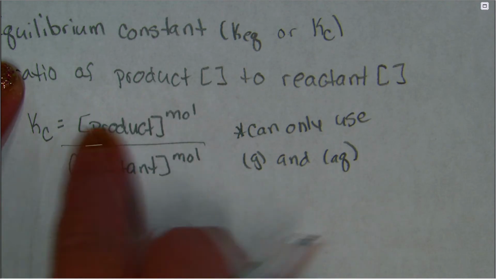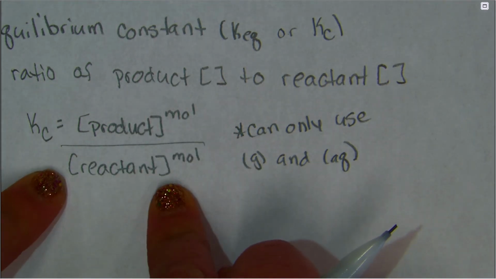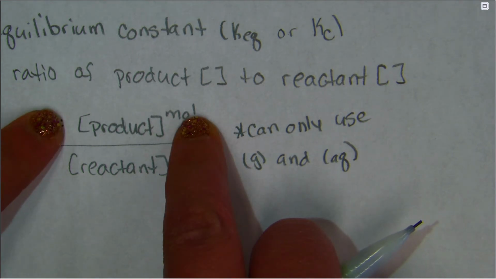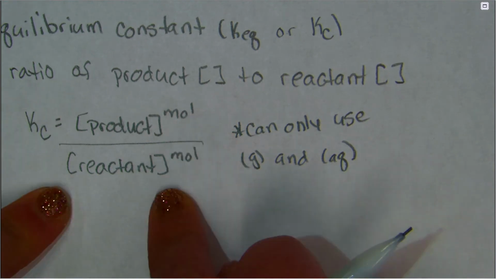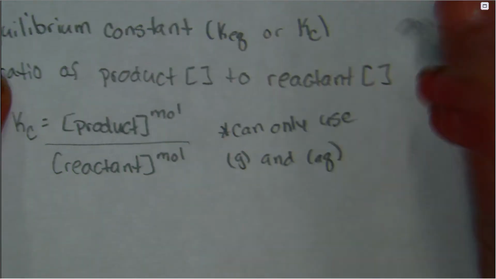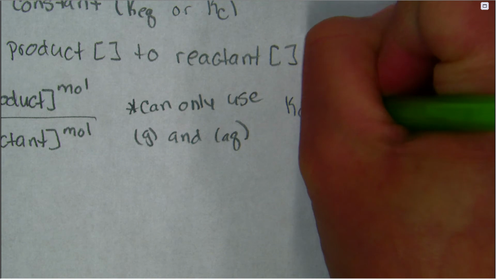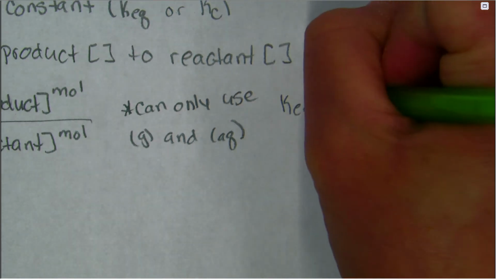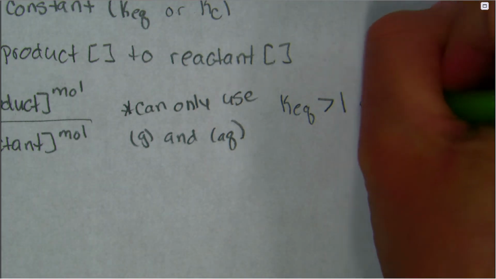If my numerator is larger than my denominator, I have more product. If I have more product, products would be favored, okay? A large number divided by a smaller number would give me a KEQ or a KC of something larger than 1, and this is products are favored.